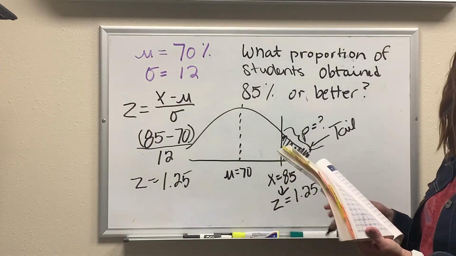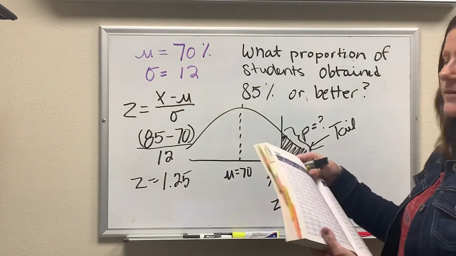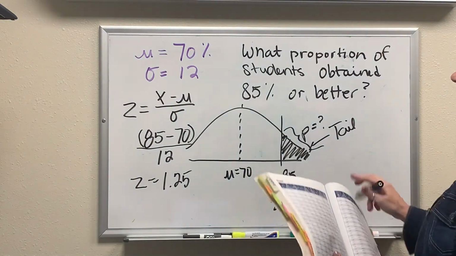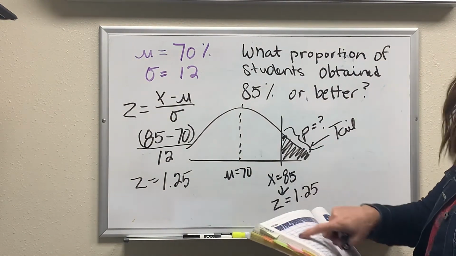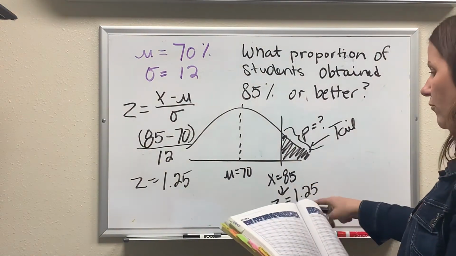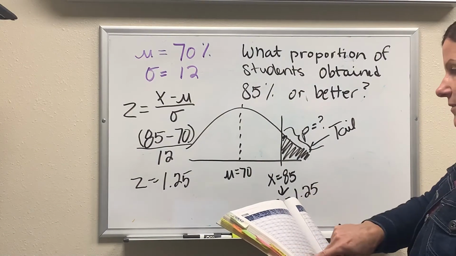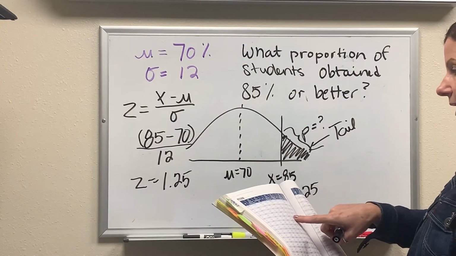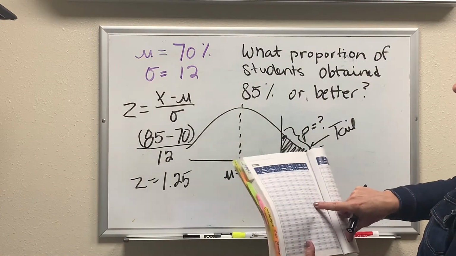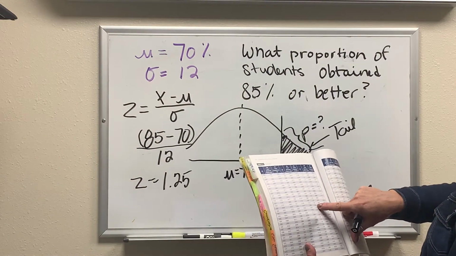and it's impossible to show this up close under these circumstances, but you're going to look up z. So only column A has z scores. So we're going to find 1.25 in the z column. I'm going to find that in the third z column on page 526.